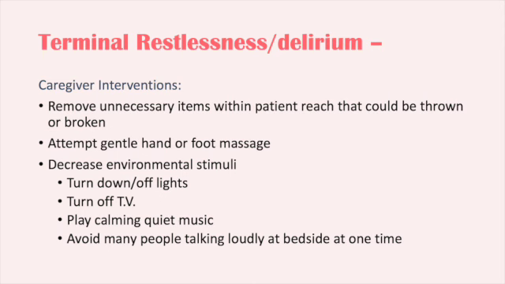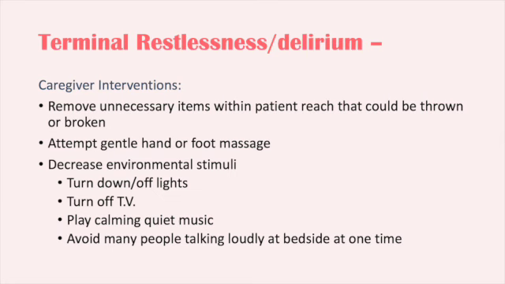Sometimes a gentle touch or massage, if the resident can tolerate it, is helpful. Remove unnecessary items that could be thrown or broken within the reach of the resident. As I said just now, a gentle hand or foot massage may be helpful.